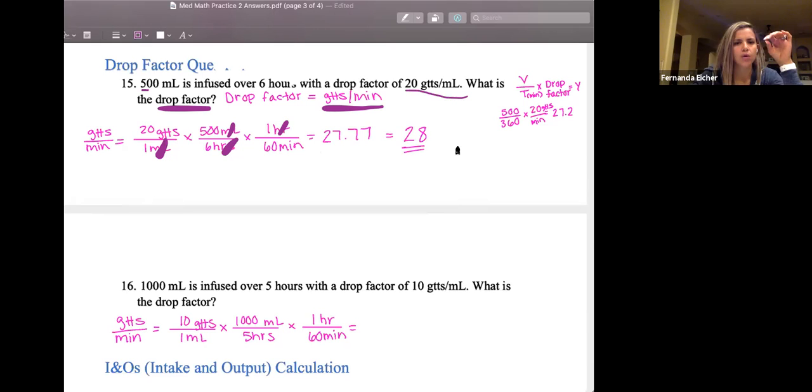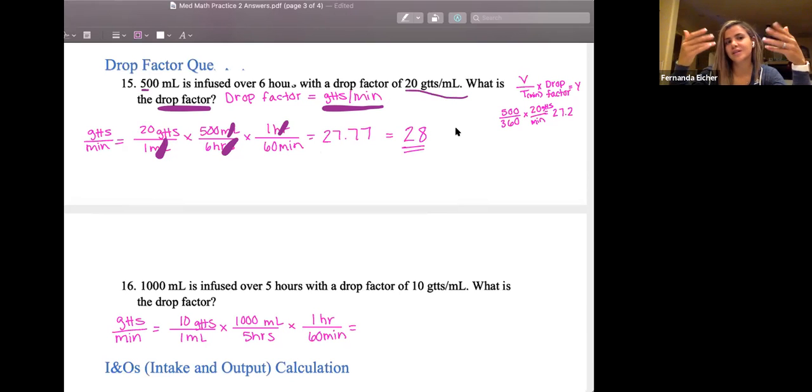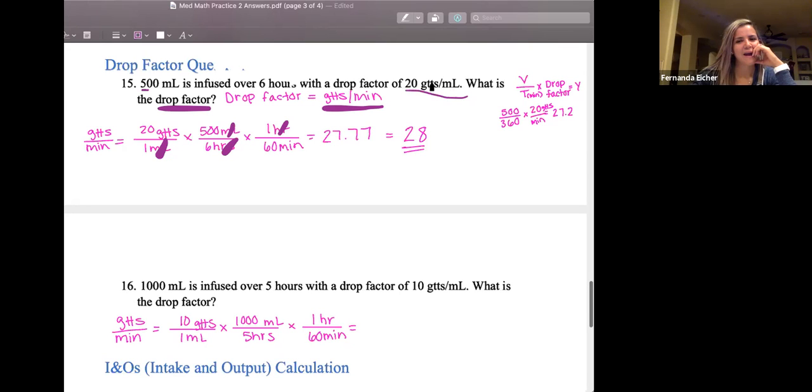So you said the drop factor is always GTTS per minute, unless it'll be per minute or per milliliter. So how are they going to say if it's going to be per milliliter, or if they don't, we just assume it's per minute? Yeah, no, that was confusing. Okay, so it'll usually give it to you in a problem like this.